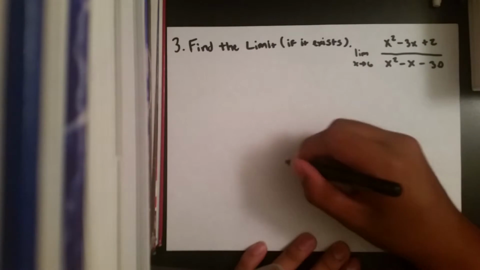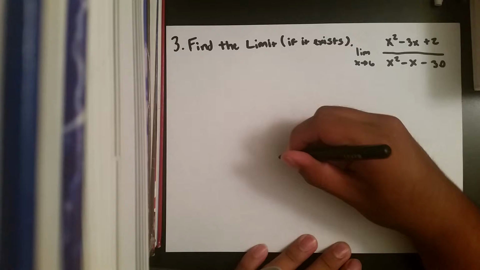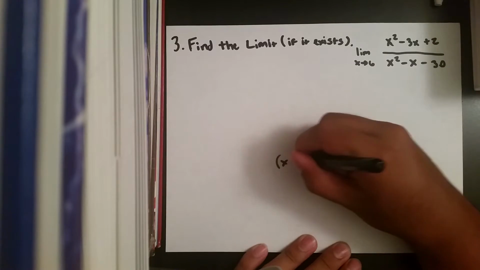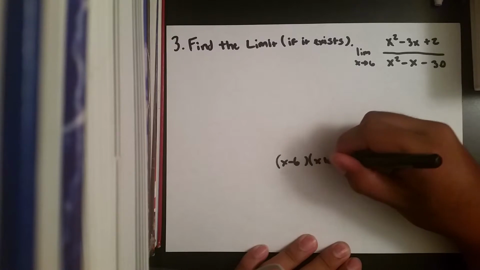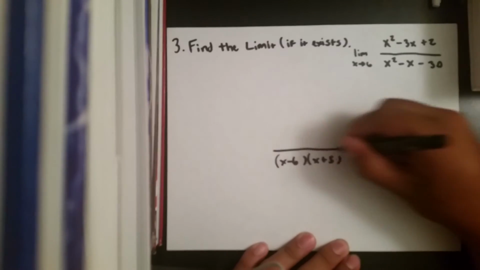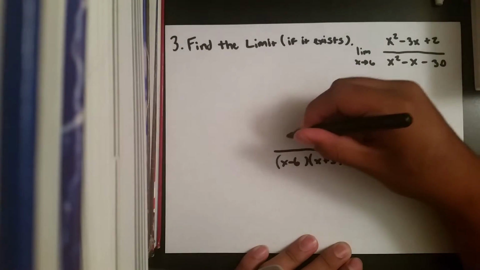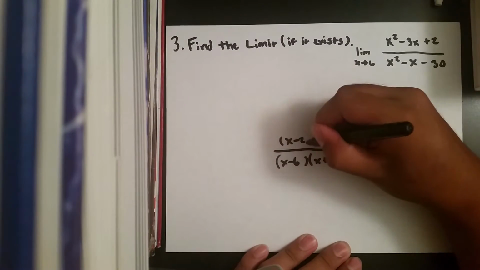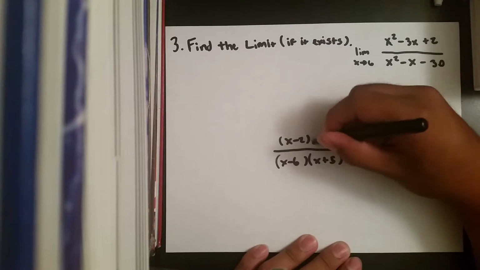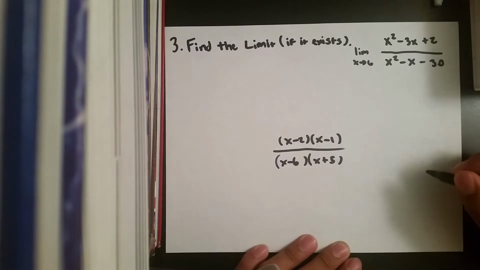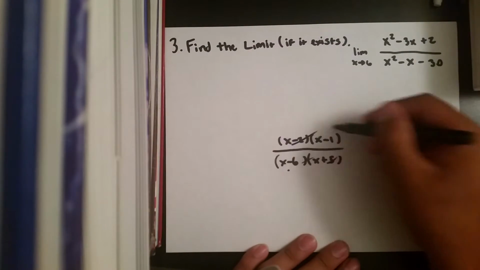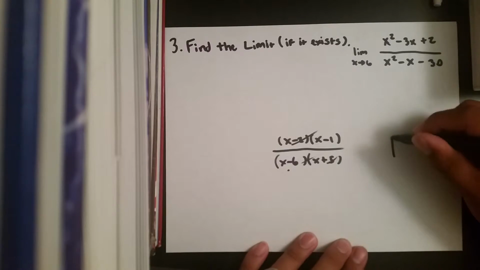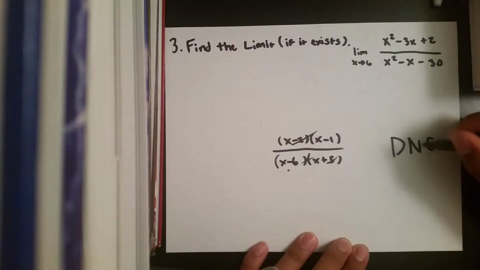And even if you were to factor it out, it would end up being x minus 6, x plus 5 over x minus 2, x minus 1. And even then, nothing cancels out, so it does not exist.